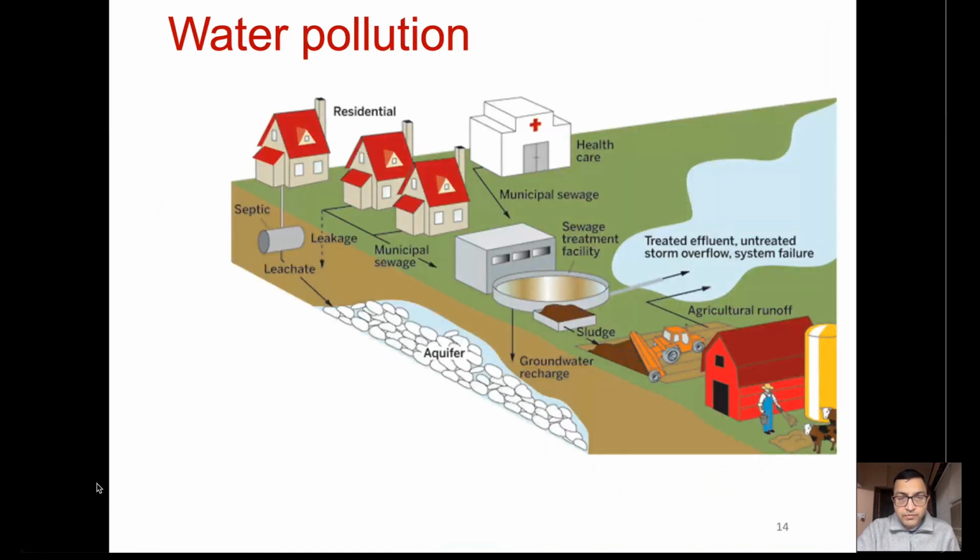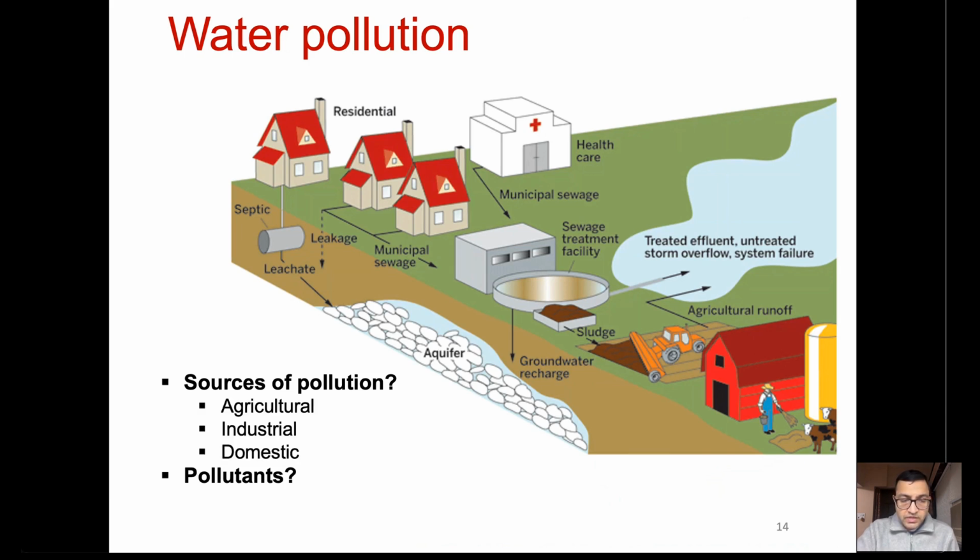So water pollution in an urban setting. What are the sources of pollution? We can see here residential, industrial, and you can also see a profile view of the groundwater. So there can be agricultural, industrial, and domestic sources of pollution. You can see there are septic tanks which can release some of the contaminants into the aquifer.